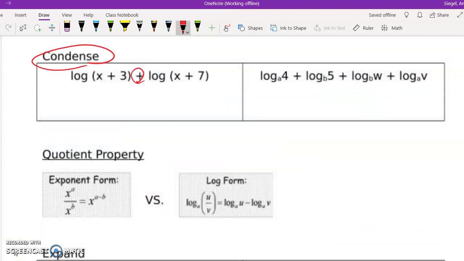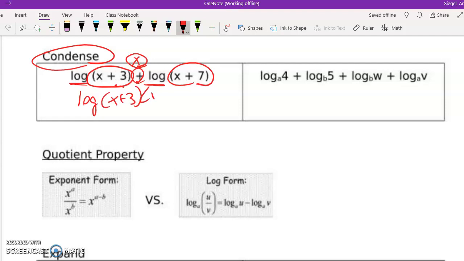So now we're going to go the other way and we're going to condense it. So notice the addition, when I condense it, becomes a multiplication. When you think condense, only write the logarithm one time. So that's going to be hard to do. But when you're condensing, as long as the bases are the same, only write them once. So I'm going to do the log of this times this.